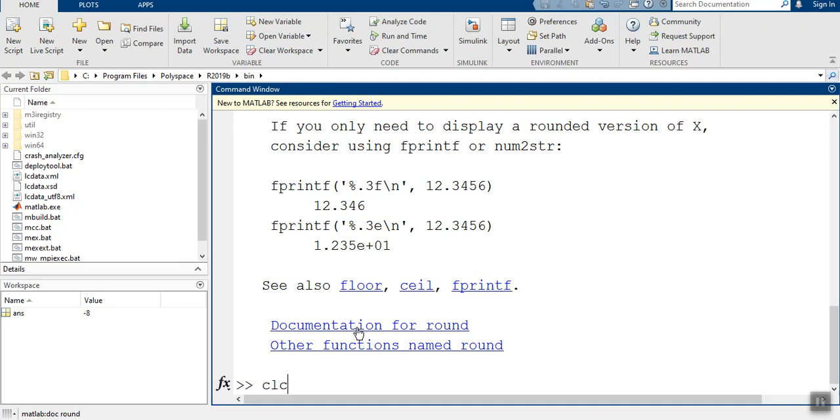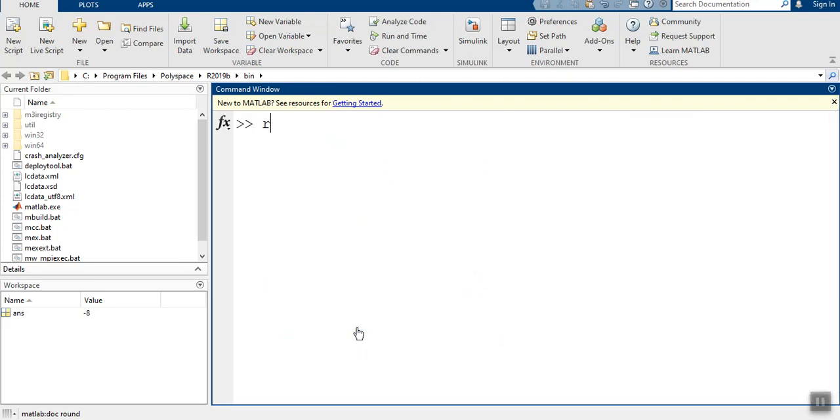Okay, CLC, round of 3.12345678. Okay. So I will round to 6 decimal places.